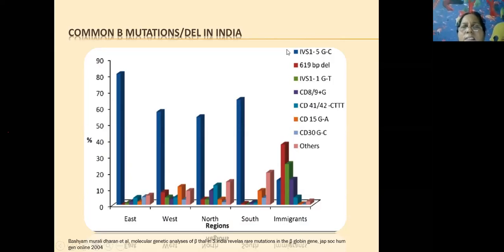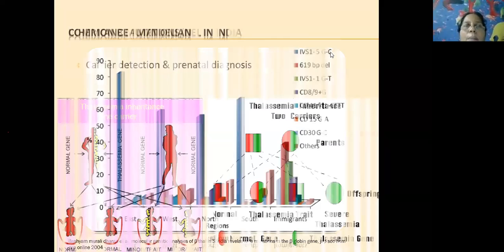And this is the commonest mutation throughout India: IVS1-5 G>C in east, west, north, south, everywhere it is more common, but not so in immigrants. In immigrants, the 619 bp deletion is more common.